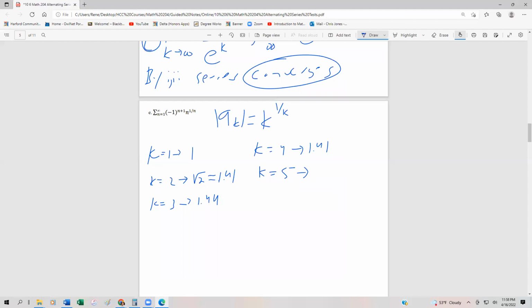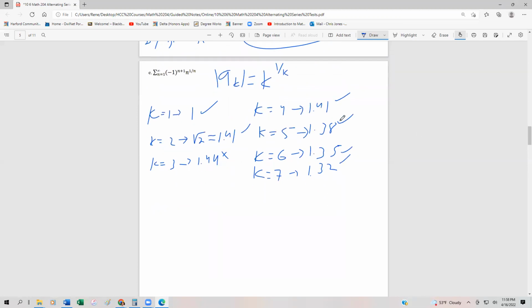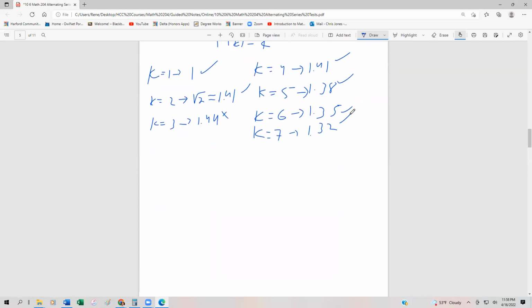For k equals 5, I got 1.38, and k equals 6, I got 1.34, or 1.35, excuse me. And for k equals 7, I got 1.32. All right, so the only one that looks like it did anything was k equals 3, but after 7 of them, we can pretty much suggest that we're going to get non-increasing.